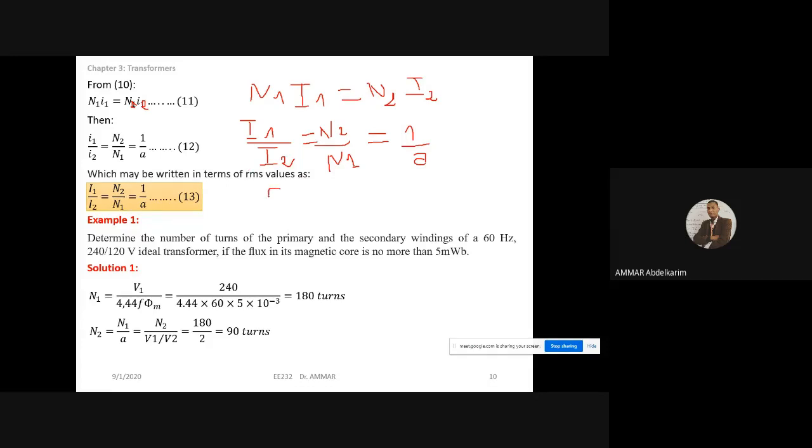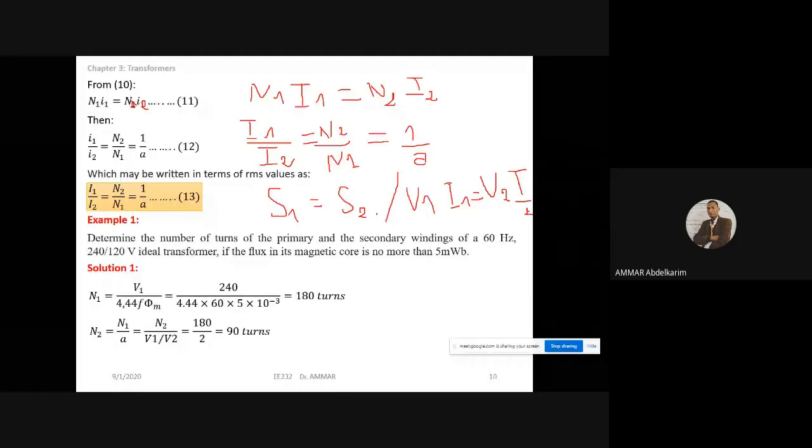The apparent power S of the primary equals S of the secondary, which means that V1 times I1 equals V2 times I2, of course with no losses in the ideal case. So the power does not change. They change the voltage and the current, but this product stays the same.